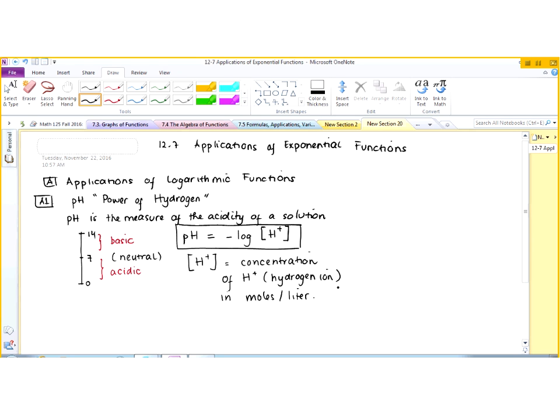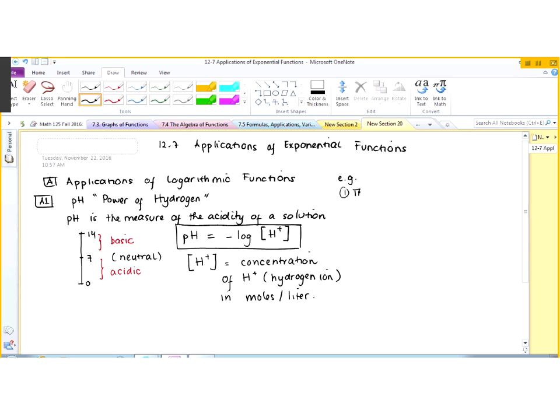Now, for example, I want you to find the pH of vinegar or things like that. Just give me a second. Let me see what pH. Coffee. So coffee is basic or acidic? Acidic, yes.